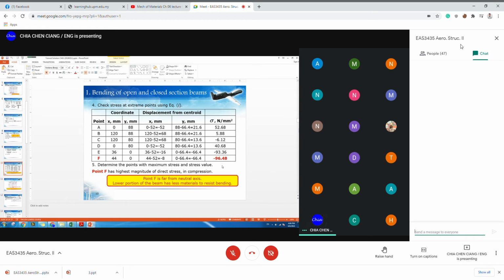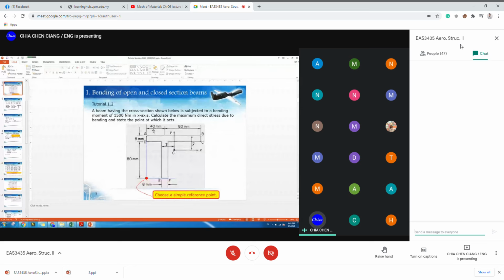Yeah. So point F is considered the point which is easiest to fail. The material of the cross section of the beam would most probably fail due to bending at point F, because under a certain value of bending moment, that will give the highest stress.